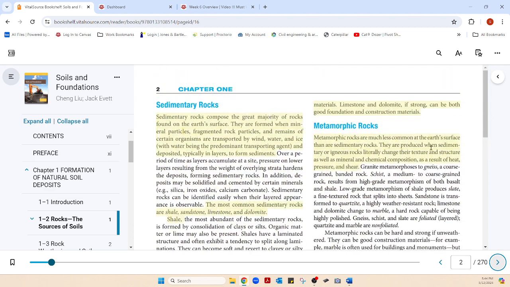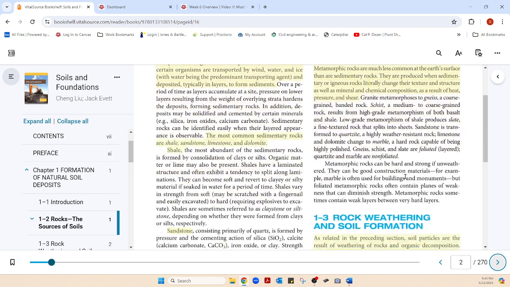The next type rock that they talk about, we've gone through igneous, sedimentary. This is metamorphic, and rocks they're much less common at the Earth's surface than are sedimentary. They're produced when sedimentary or igneous rocks literally change their texture and structure, as well as mineral and chemical composition, as a result of heat, pressure, and shear.